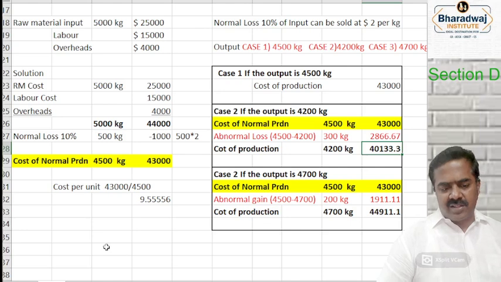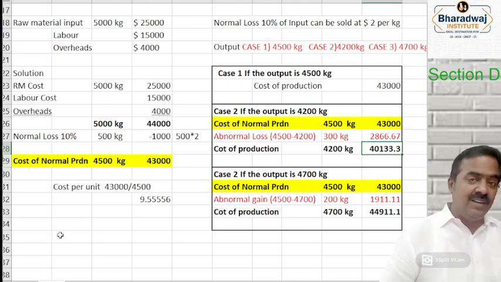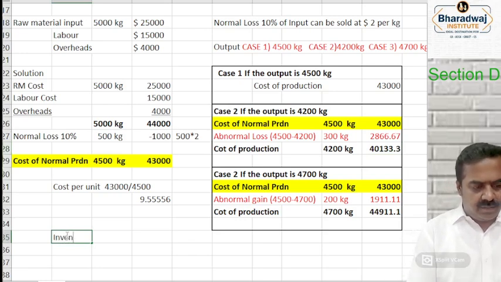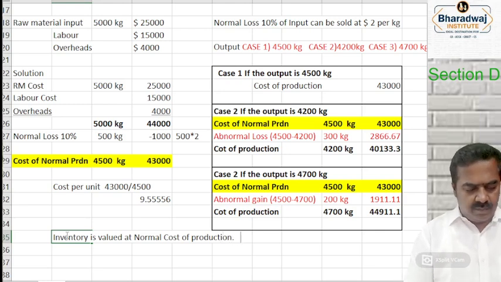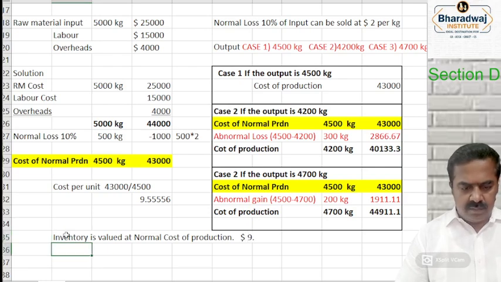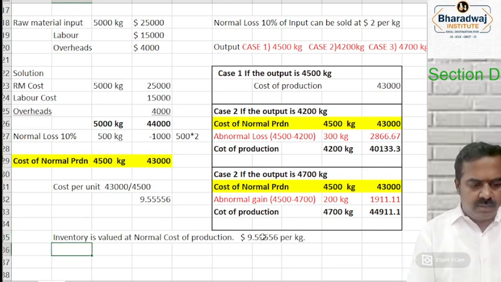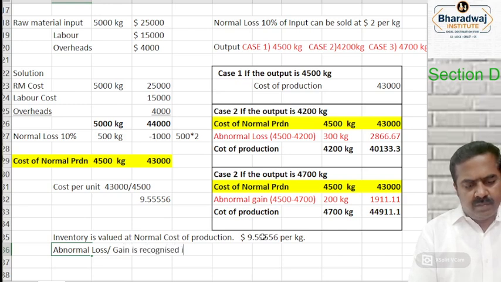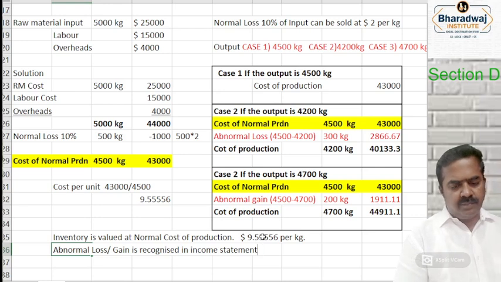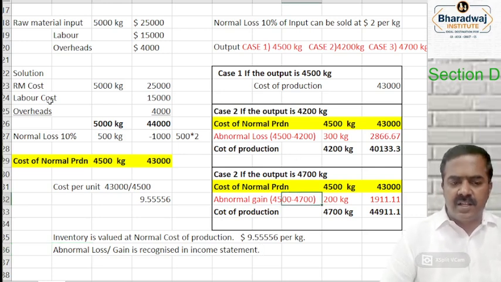Inventory is valued at normal cost of production. Abnormal gain or loss is recognized in which one? Income statement.